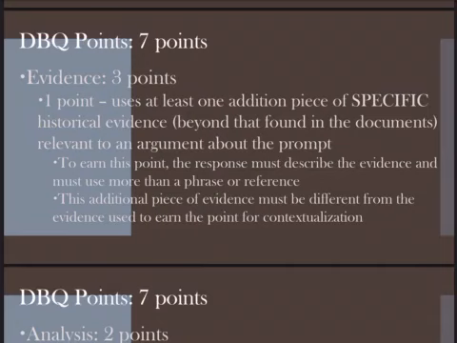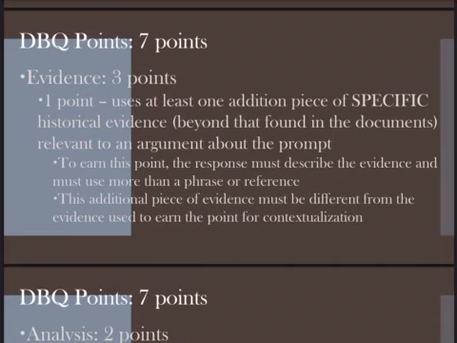You have to include specific details. And this additional piece of evidence must be different from the evidence that's within the contextualization point. So the context that you develop in your introduction is different than evidence outside of the documents.